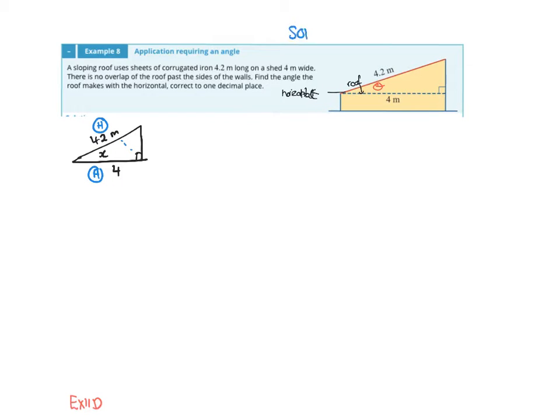So if I was to write SOH CAH TOA up the top of my page, I can see I've got A and H, so cos is the one I'm going to use, so A over H, so cos X equals 4 over 4.2, and now we're finding the angle.